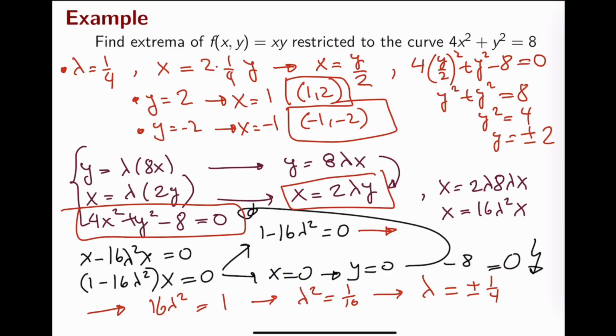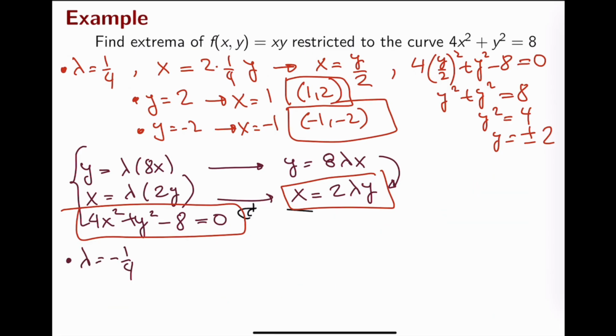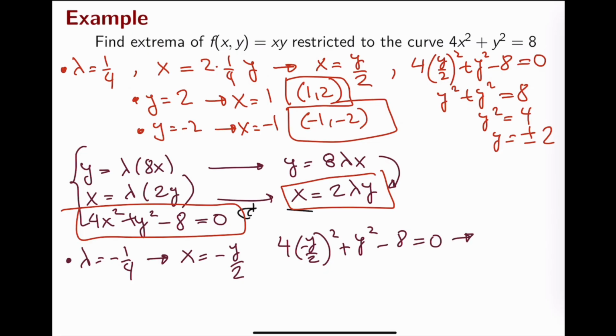So now let's continue to see what happens when lambda is equal to minus 1/4. Then x is equal to minus y over 2, and the same as before, when we substitute this, because the minus goes inside of the square, there is not going to be any difference in the equation, right? So we're going to get again y equals plus or minus 2.